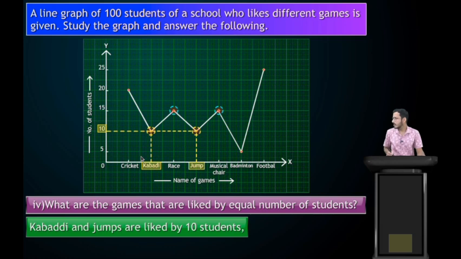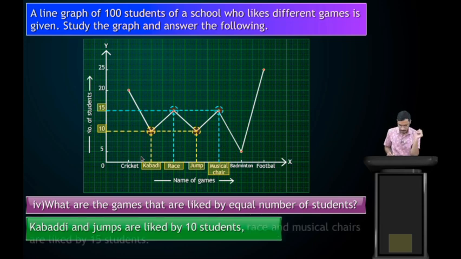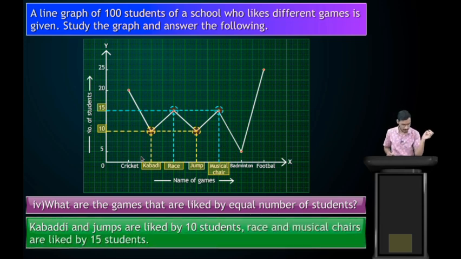There are 15 students for race and musical chair. So both pairs have equal numbers of students, kabaddi and jump, and race and musical chair. They are liked by 15 students.